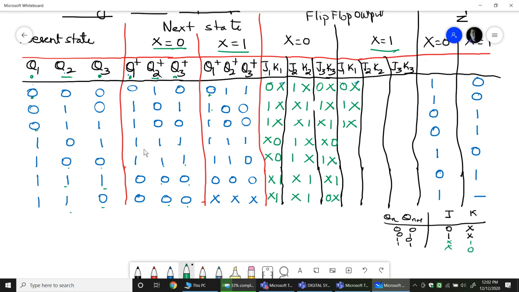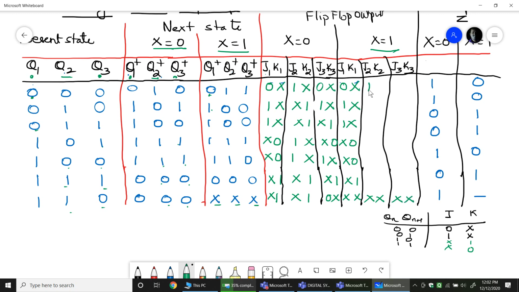So you get 0x, 1x, 1x, then x0, x0, x1, and then xx. Why xx? Because we have don't care here. Therefore for all J1 K1, J2 K2, J3 K3, all three will be xx.